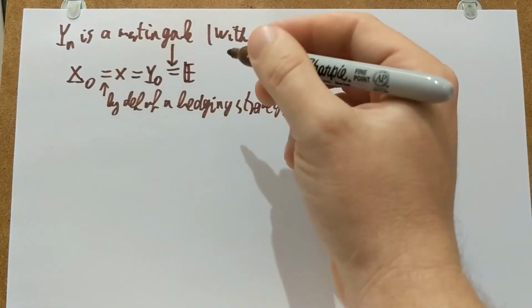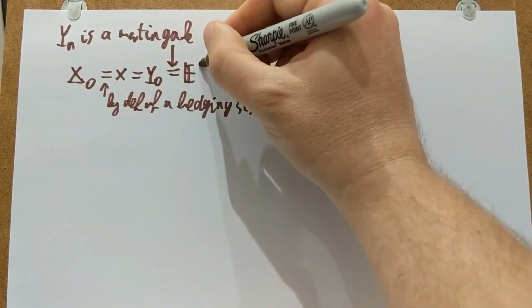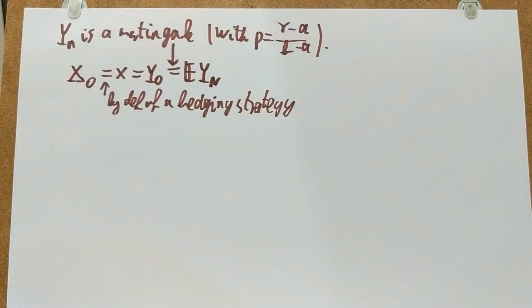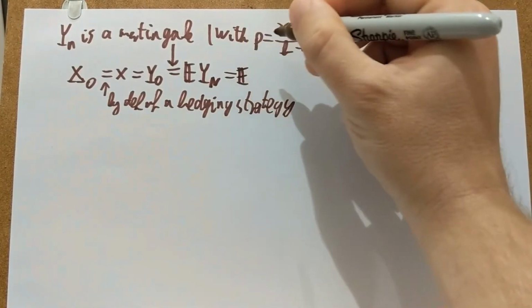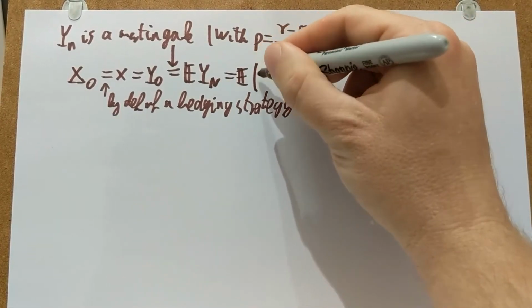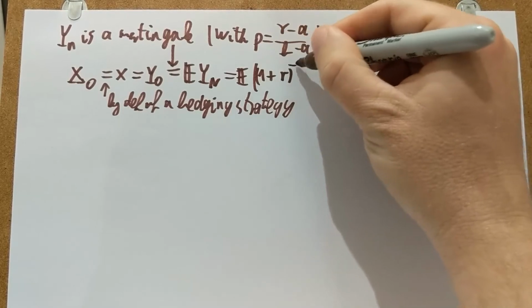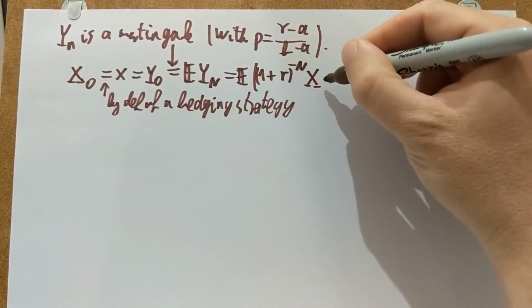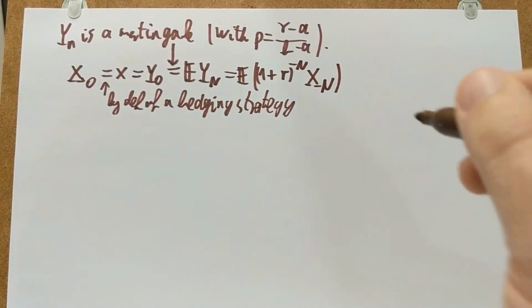It's a fixed initial value, and it's not changing in mean. So the expectation of Yn is the same as the expectation of Y naught. What is Yn? Yn is Xn discounted back by the bond rates. So that was the definition of Yn.